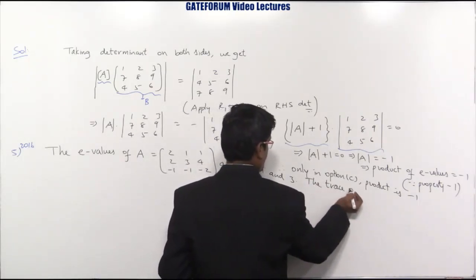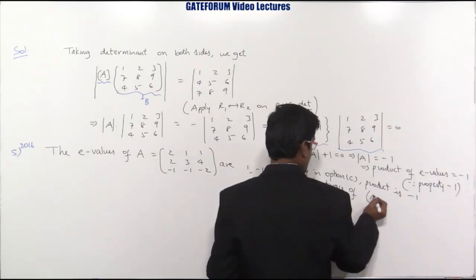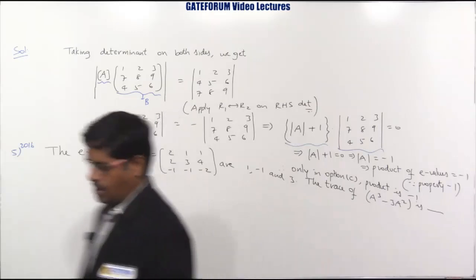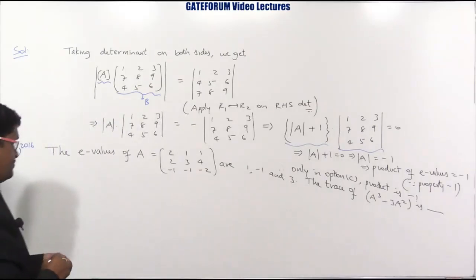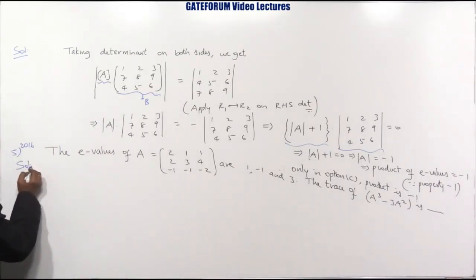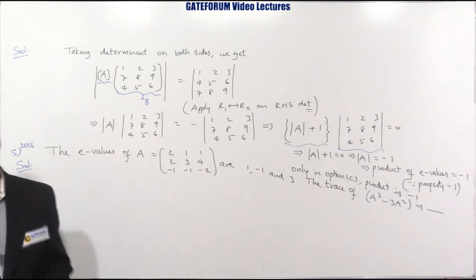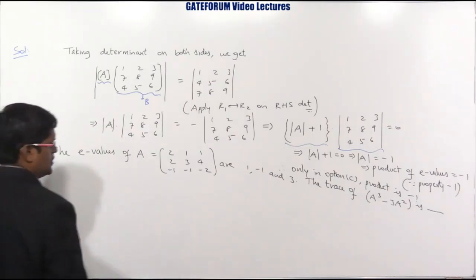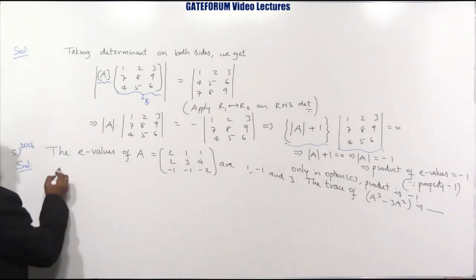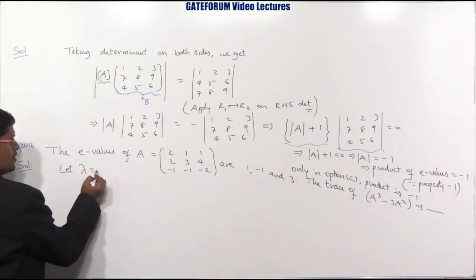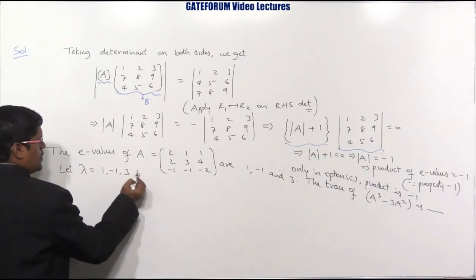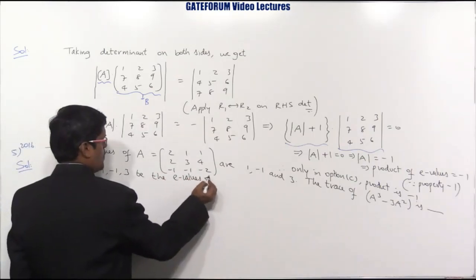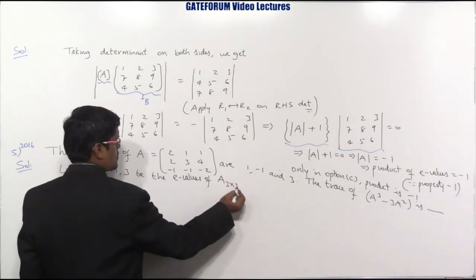The trace of the matrix A cube minus 3A square is dash. So let the given eigenvalues 1, minus 1, 3 be the eigenvalues of the 3 cross 3 matrix A.